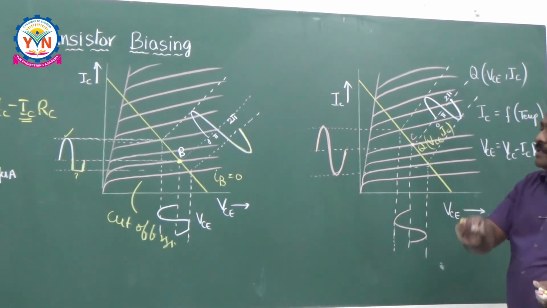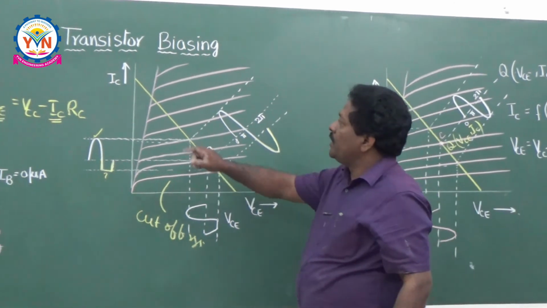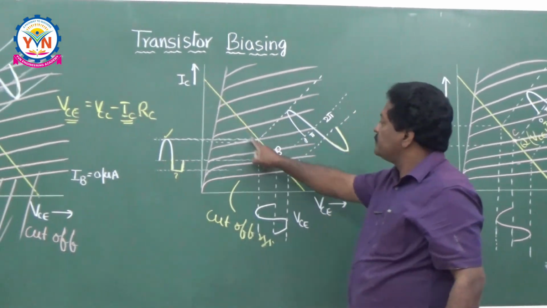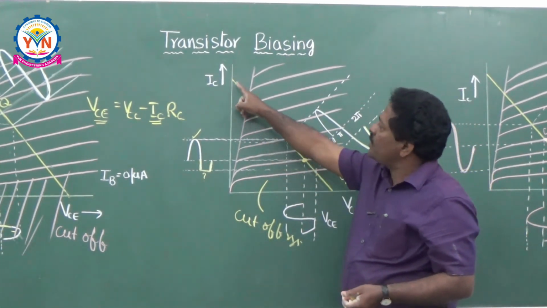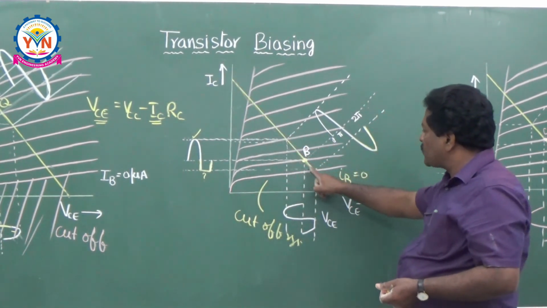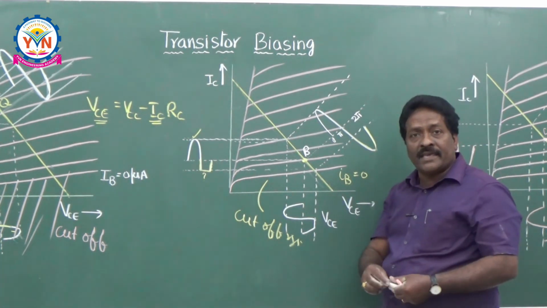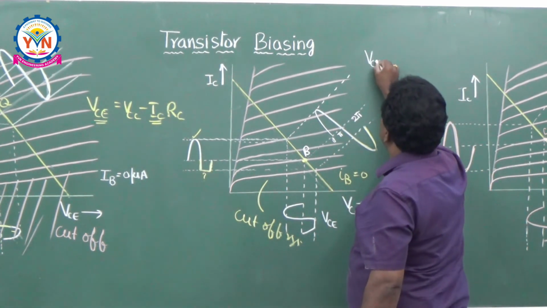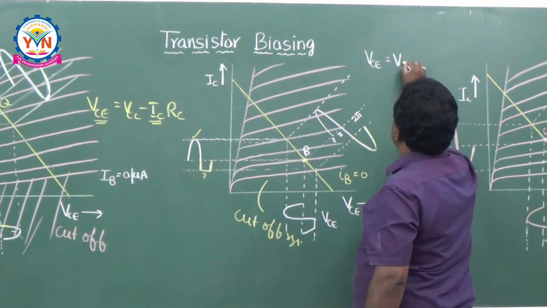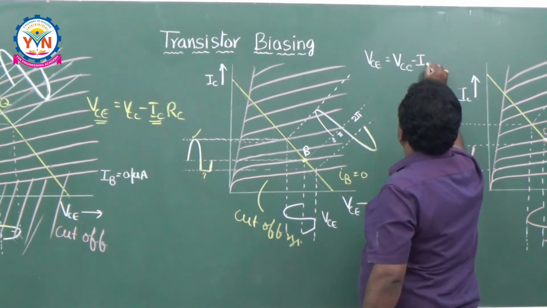And one more point I would like to tell you: if you take this as the load line, we are fixing this operating point here, and I would like to tell you the slope of this load line from the basic equation. What is the basic equation? The basic equation is VCE is equal to VCC minus ICRC.